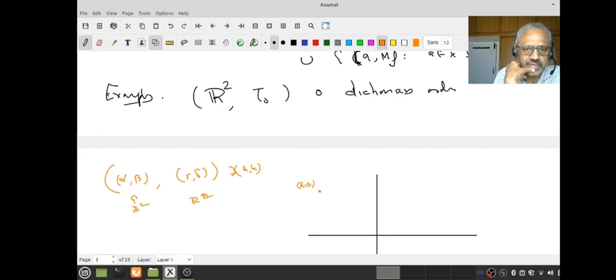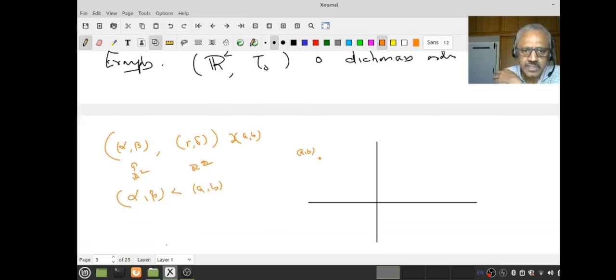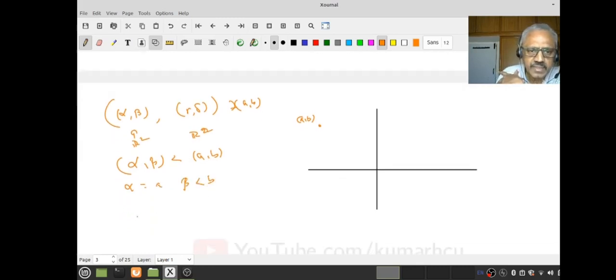Similarly, (a, b) should be less than (gamma, delta). So in case gamma equals a, then b must be less than delta.